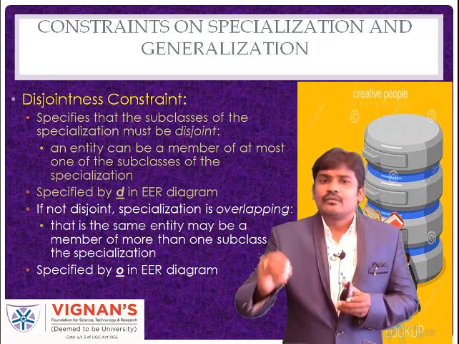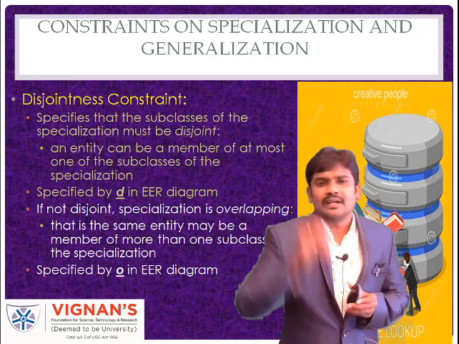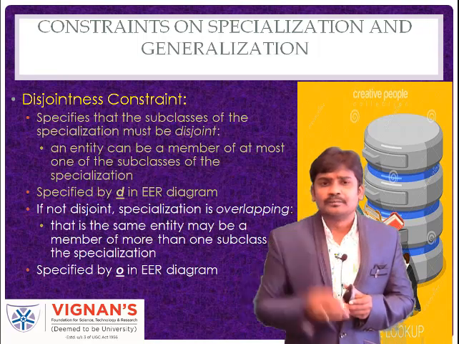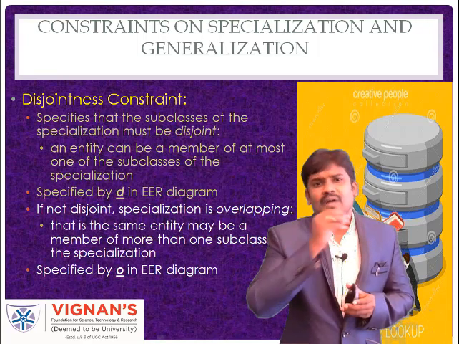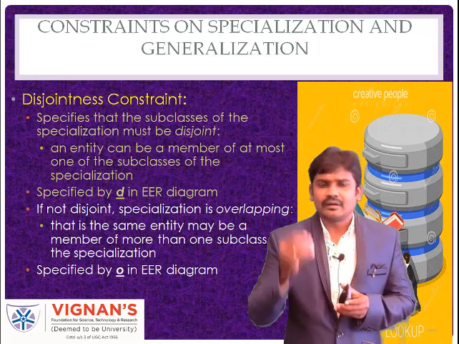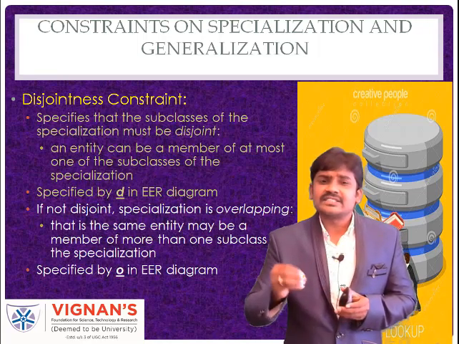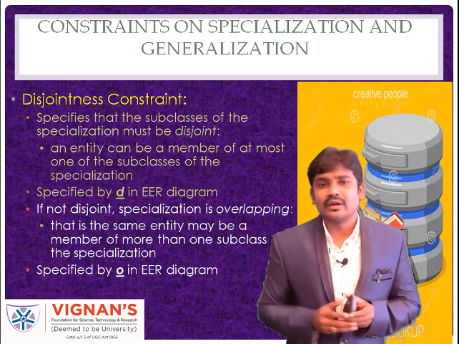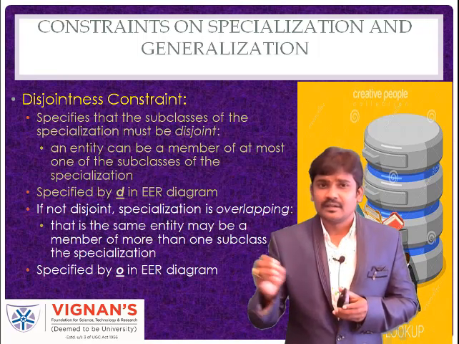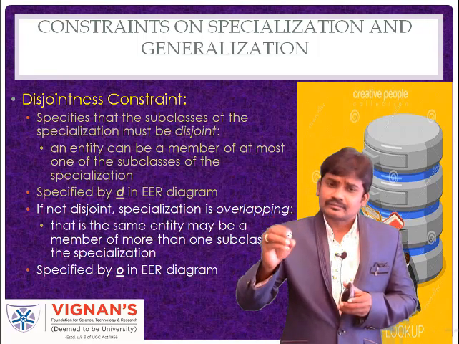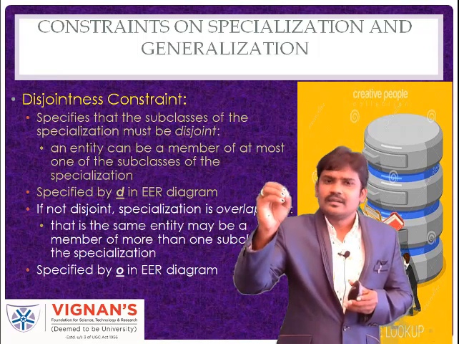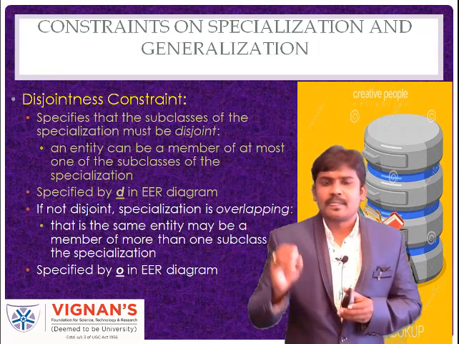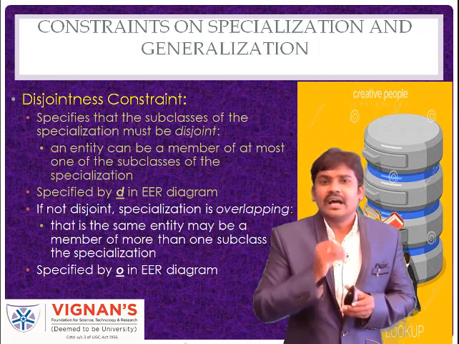If a few students in that room belong to some other department, mechanical or ECE department, in such cases that condition is called disjoint partial. Means he is a student, so he meets the superclass attribute, but he has not met the condition.